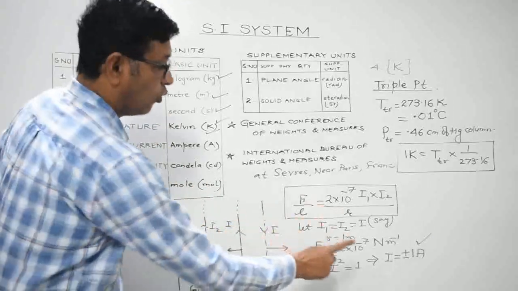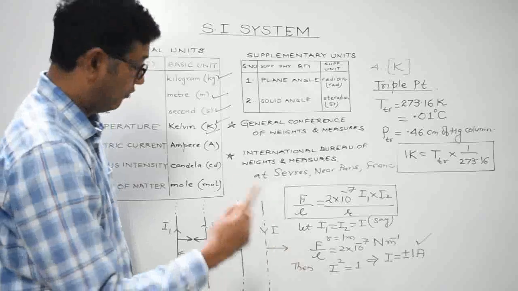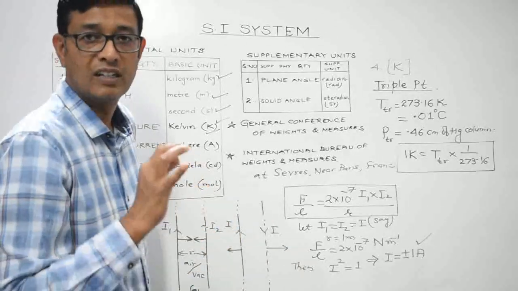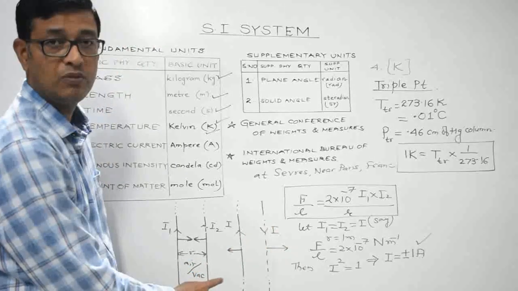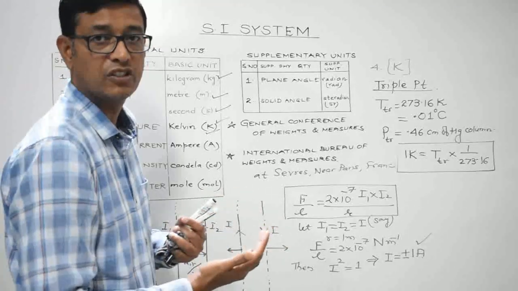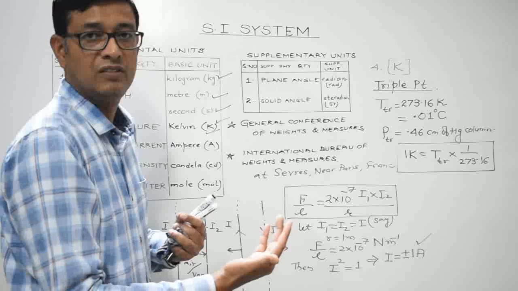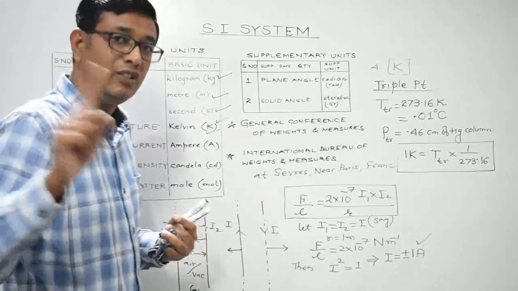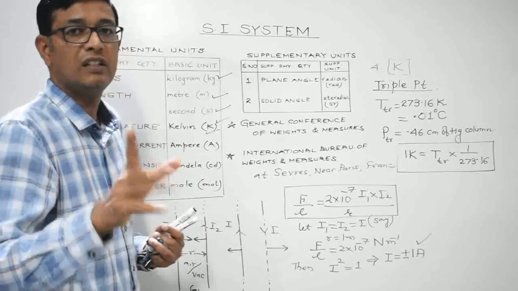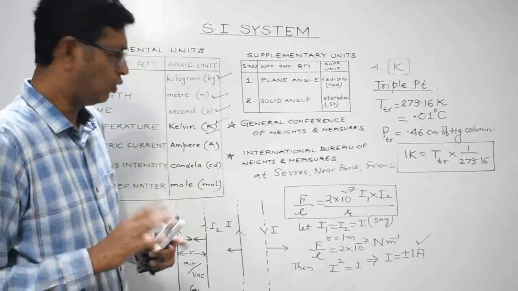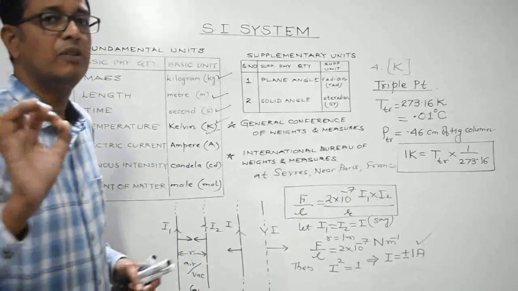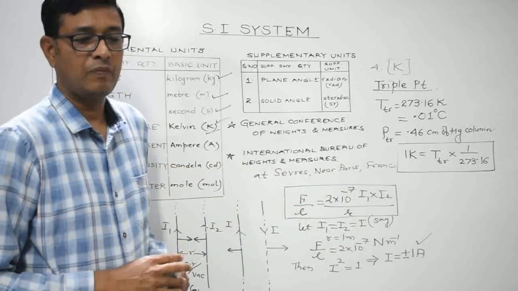So 1 ampere is that current which, when flowing through each of the two straight parallel infinitely long conductors placed in air or vacuum at a distance of 1 meter from each other, exerts upon each other a force of 2 into 10 raised to minus 7 Newton per meter of their lengths. I hope that by using this mathematical expression you will be easily able to remember this definition.